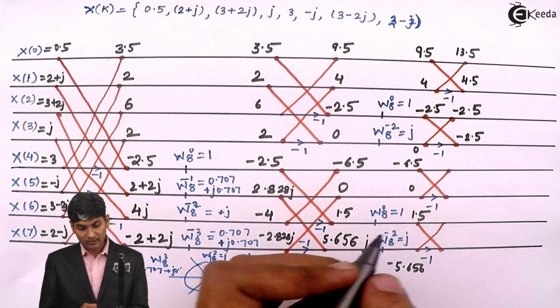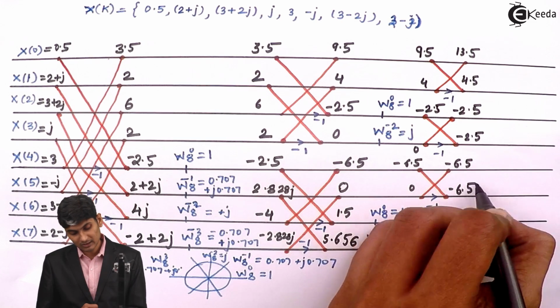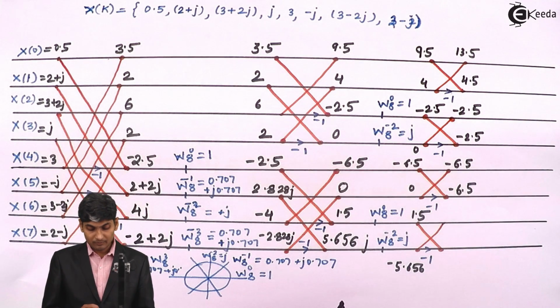Then we have 6.5 with 0, that also doesn't matter, it is minus 6.5, minus 6.5. Then we will have minus 1.5 and plus 1.5 minus 5.656.